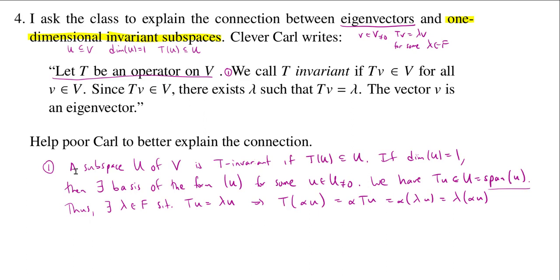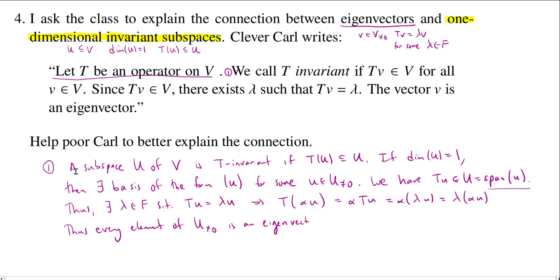So in fact, all of the non-zero elements in U are eigenvectors, and they all have the same eigenvalue, lambda. Thus every element of U other than 0, and 0 is never an eigenvector, is an eigenvector with eigenvalue lambda.